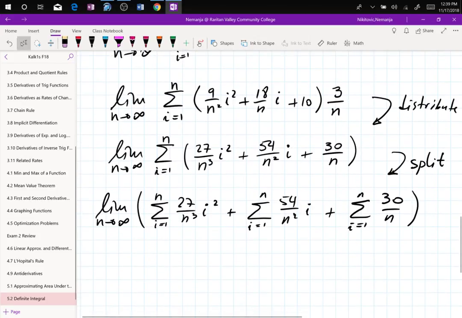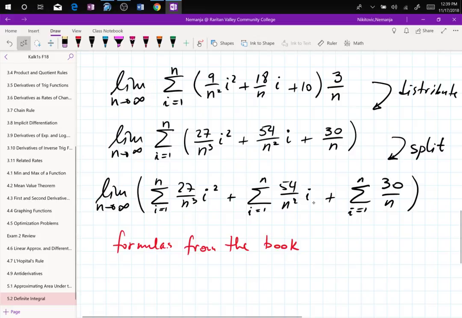And now, in red, formulas from the book. These formulas say that the summation of a constant is equal to Cn. The summation of i is n times n plus 1 over 2.